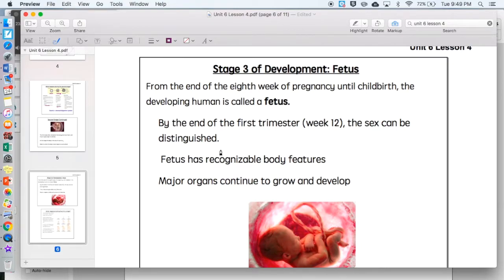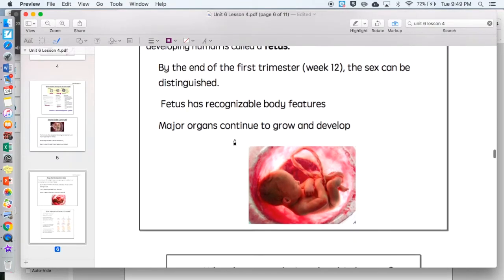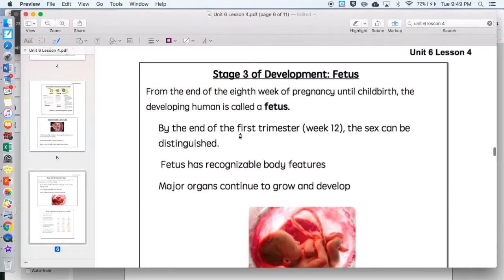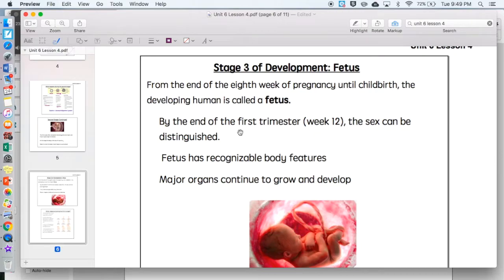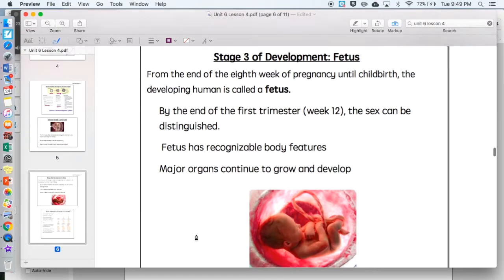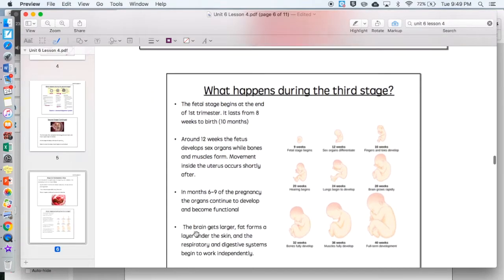So you can't tell what the chromosomal makeup is or the hormonal makeup or anything like that, but you can see external organs. The fetus has recognizable body features, and major organs continue to grow and develop. So that's really the bulk of the fetal development, is all considered stage 3, even though it's about 7 months long.